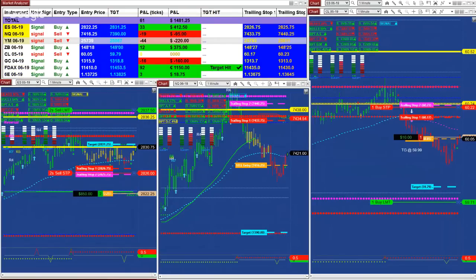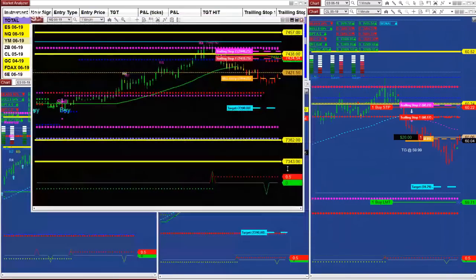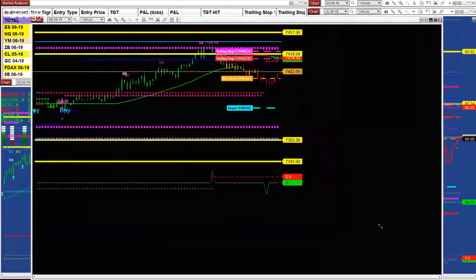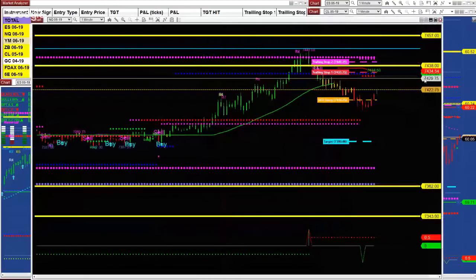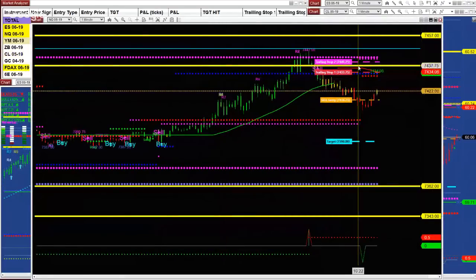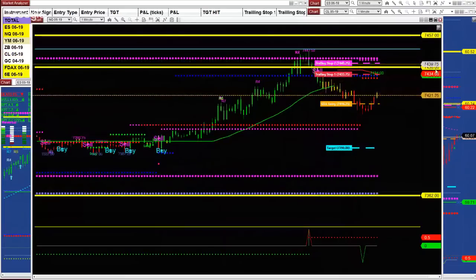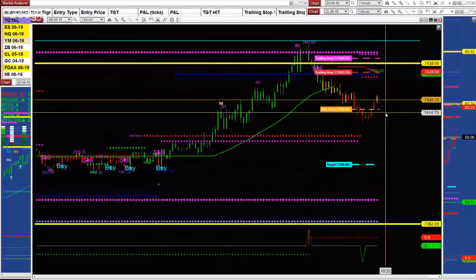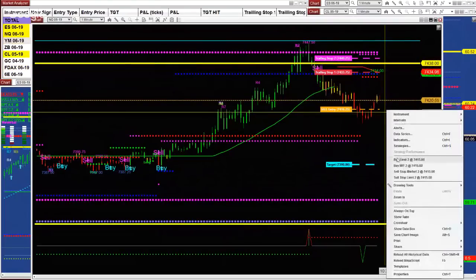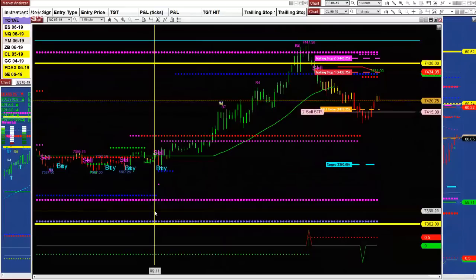There are two options we can do here so we will not be out of the game. Two options on the Nasdaq. If you are a conservative trader, that's okay, I can accept that. We can put it again as a sell limit order right below the sell signal.